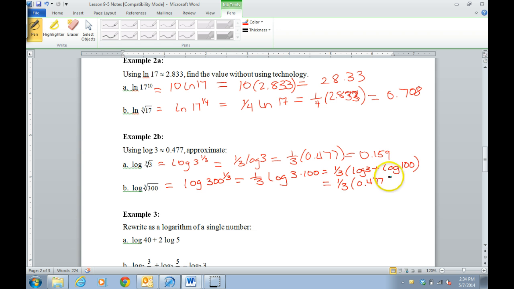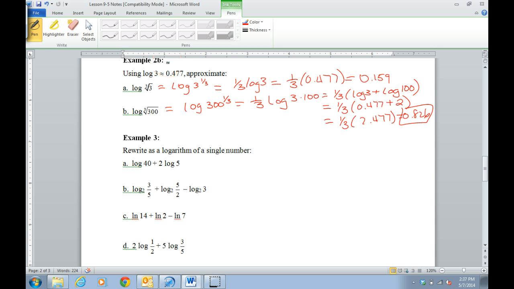What is log of 100? It's 10 to the what power? That's 2. Yep. So this will be 1/3 of 2.477, which happens to be 0.826.